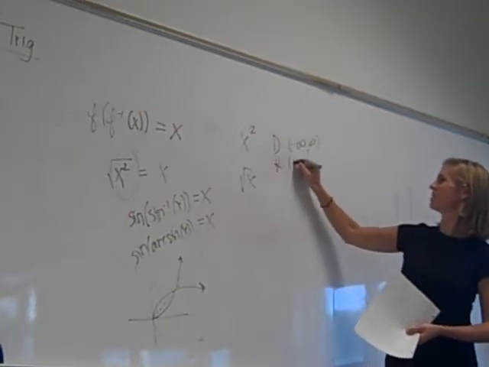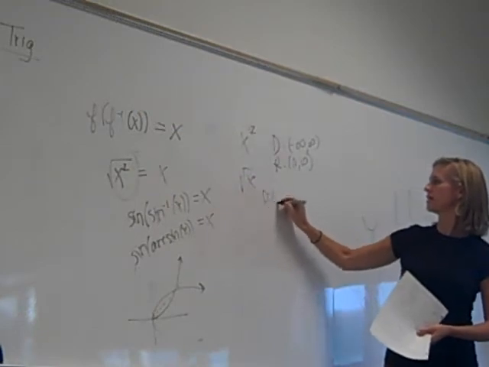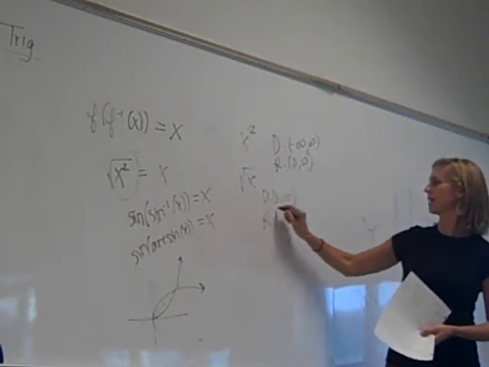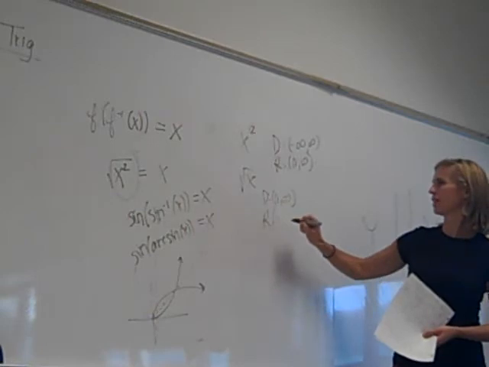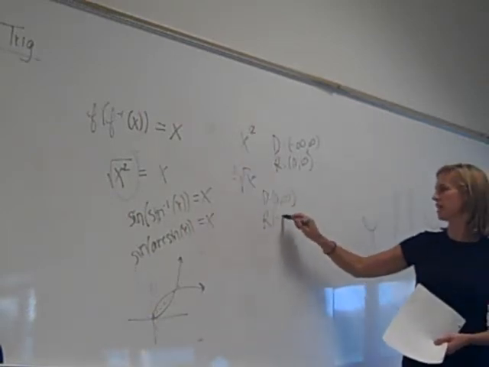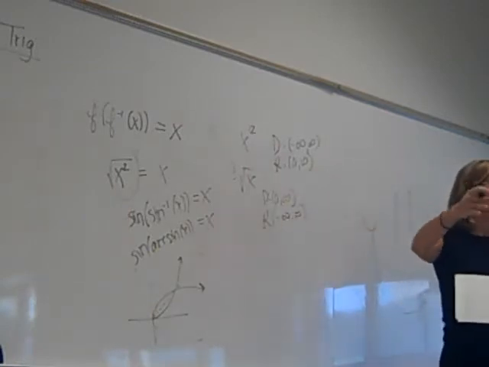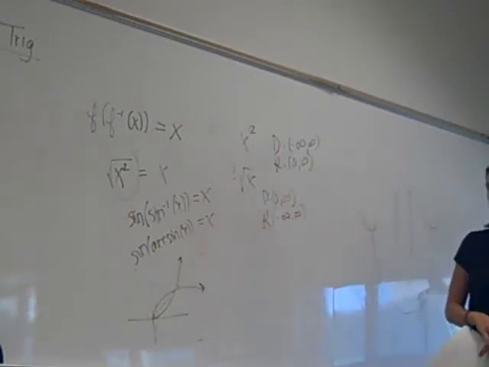And the range is going to be 0 to infinity. Whereas for this, the domain is 0 to infinity. And the range is, if I have a plus minus, let's just pretend it's not a function, whatever, negative infinity to infinity. So they switch. The domain of one is the range of the other, and the range of one is the domain of the other.